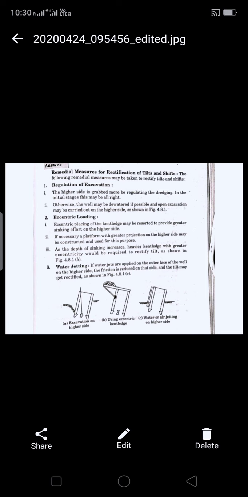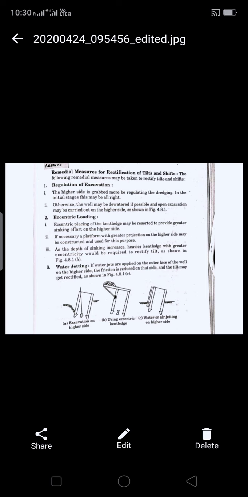Otherwise, a well may be dewatered if possible, and open excavation may be carried out on the higher side. What it is trying to say is, when you put the well into the water, we should excavate on the higher side. When you excavate the higher side, the well comes to its original position.